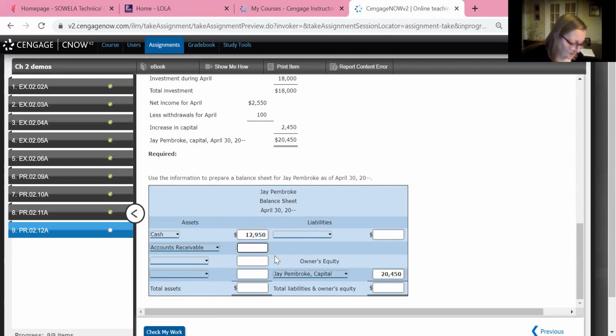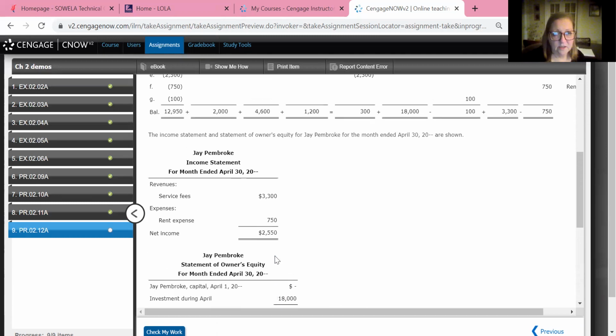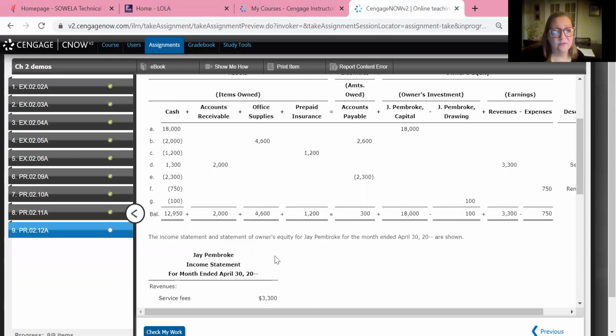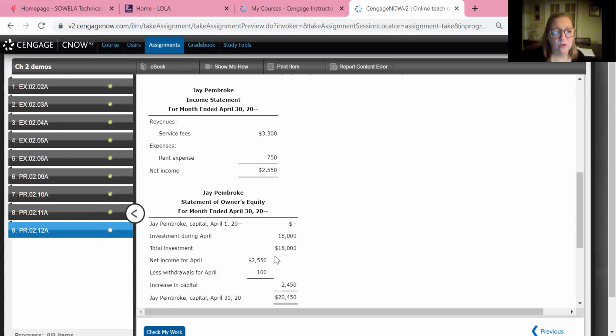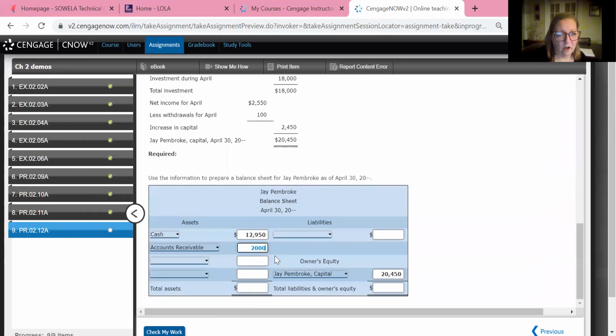The accounts receivable balance was 2,000. Okay, what's next? Office supplies, 4,600, and the prepaid insurance, 1,200. For assets, the office supplies number was 4,600, and I'm just pulling that straight from the worksheet.